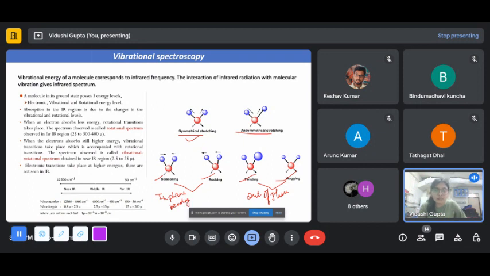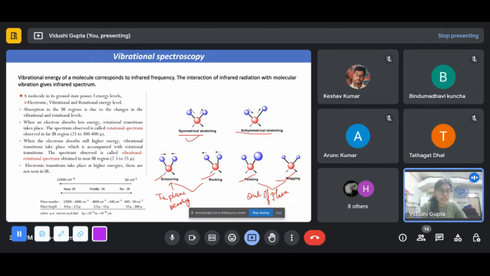In scissoring, the bond angle will decrease, while in rocking, the bond angle is maintained but the motion stays in the same plane. That's why these two are called in-plane bending.